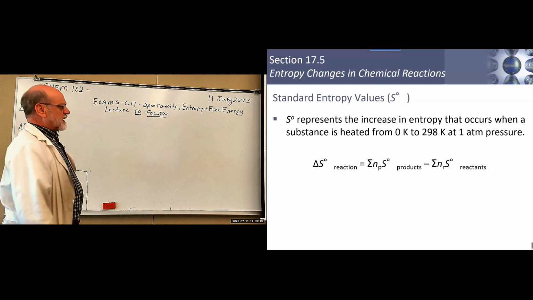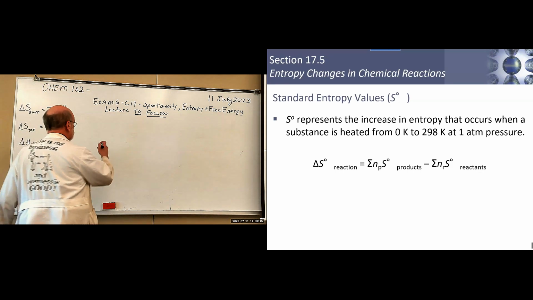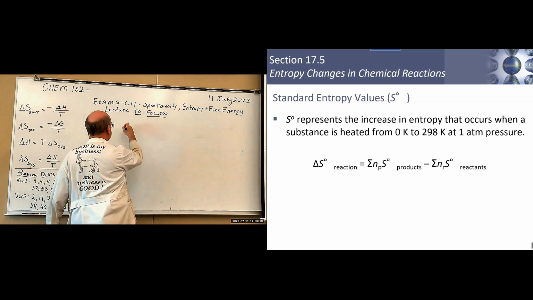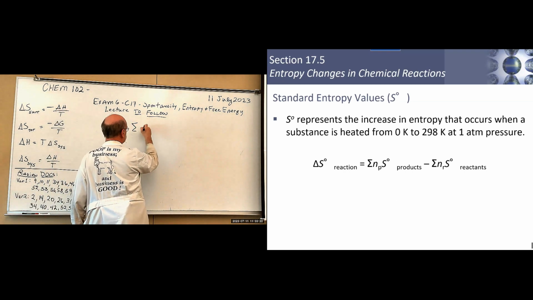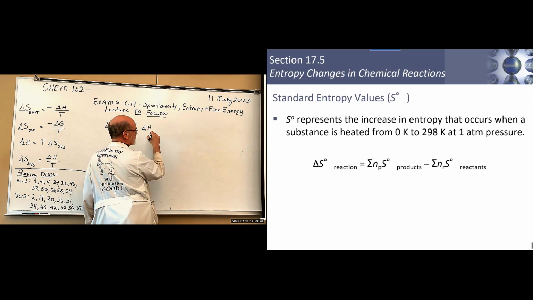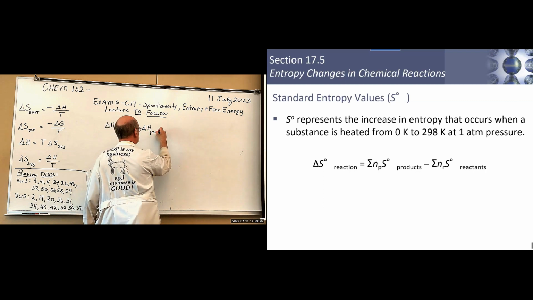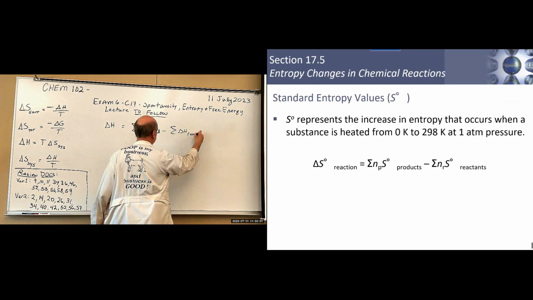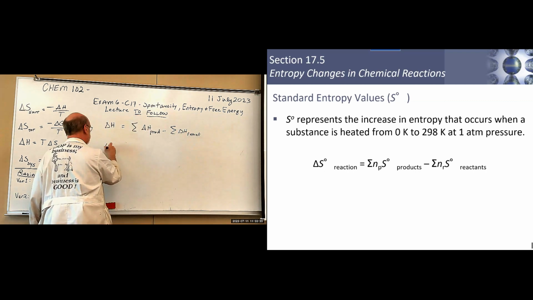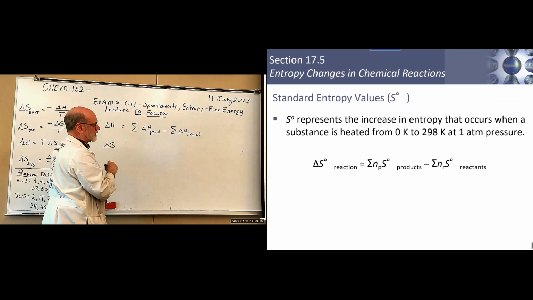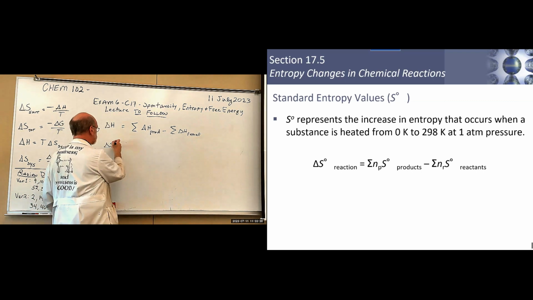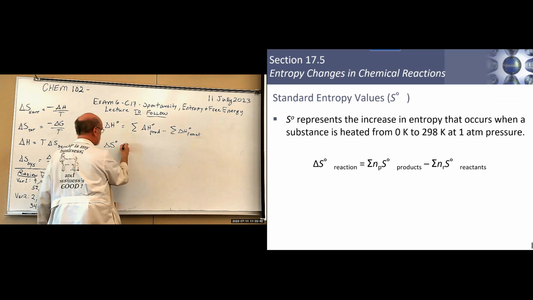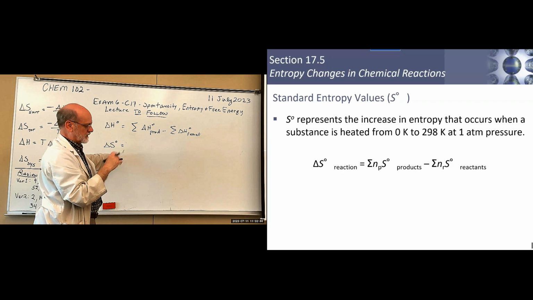Okay, so the same way that we can get delta H by summing the delta H's of the products minus the sum of the delta H's for the reactants, you can do the same thing with entropy. And this is under standard conditions, right? That's what that 0 means. So under standard conditions, you can read the values from a reference manual.